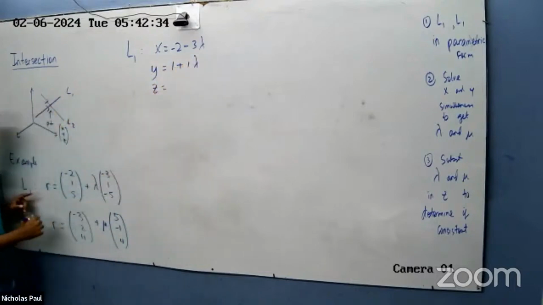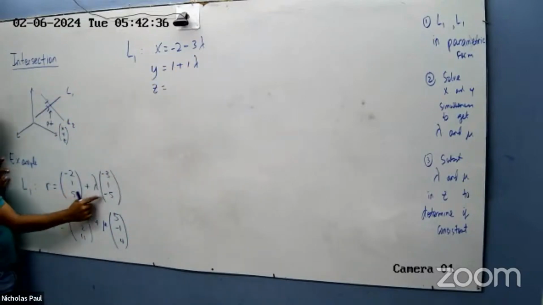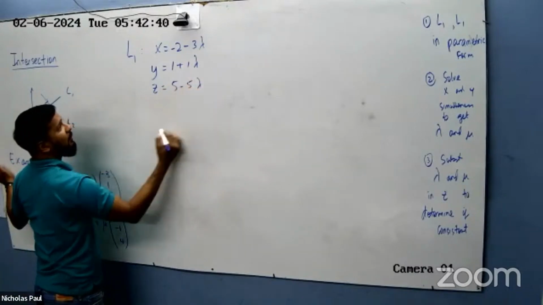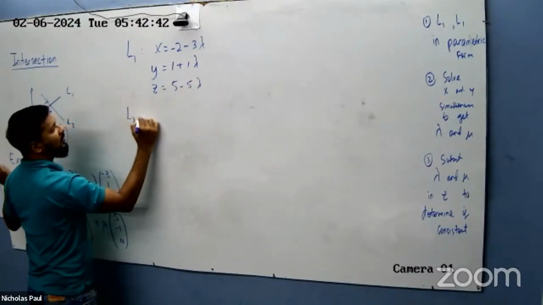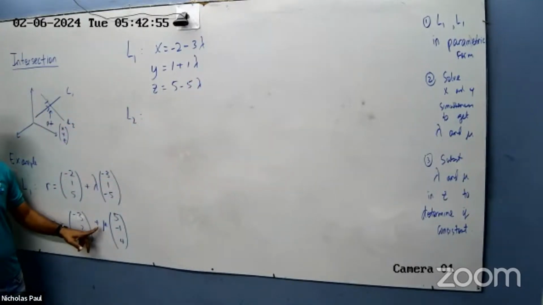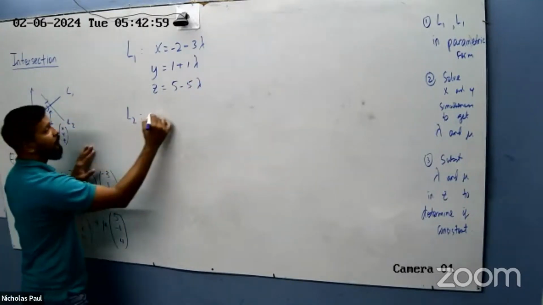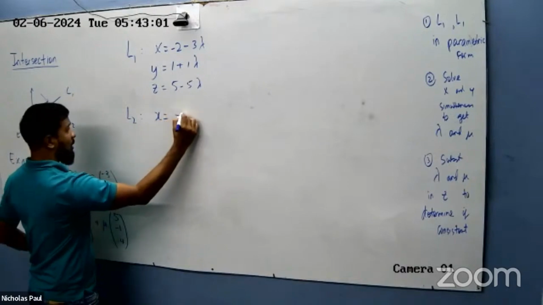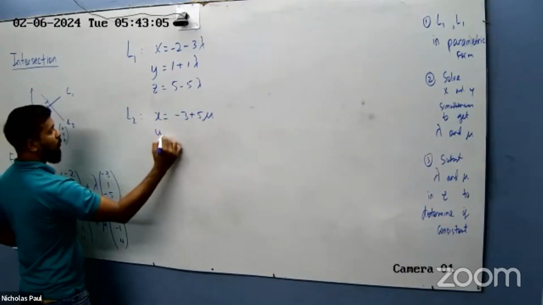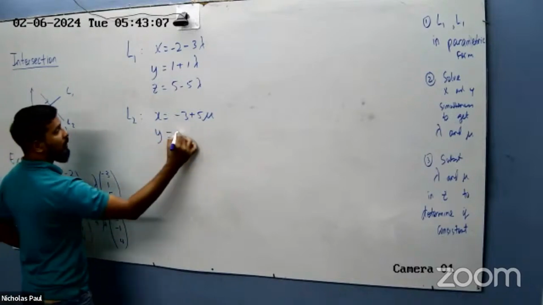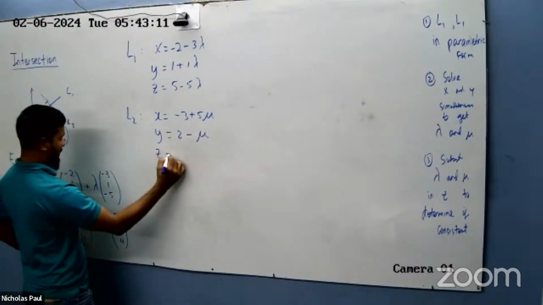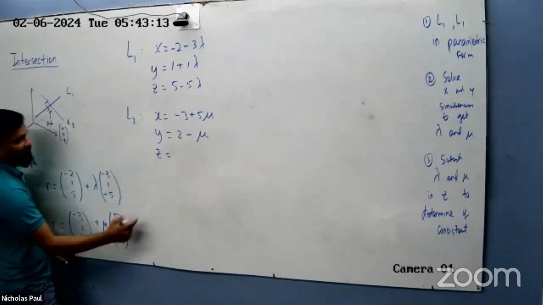And Z is 5 minus 5 lambda. Now for L2, with minus 3 as mu, X is equal to minus 3 plus 5 mu. Then Y is equal to 2 minus mu. And Z is equal to 11 plus 4 mu.